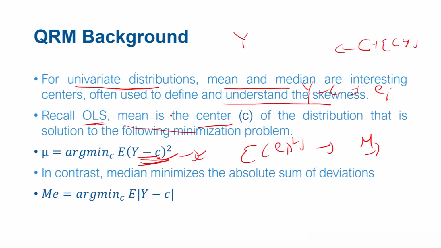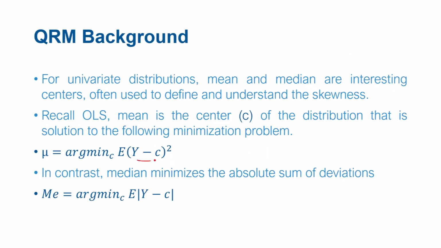But in univariate distributions, it is simply the scheme where you minimize the error. Error from what? Error from the center. If you minimize the squares or compute the expectations of these squares, we get the mean. Median is a very similar scheme, but we are not minimizing the squares, we are minimizing the absolute deviation. So if you minimize the sum of absolute deviations or the expected value of absolute deviations from the center, you get the median.